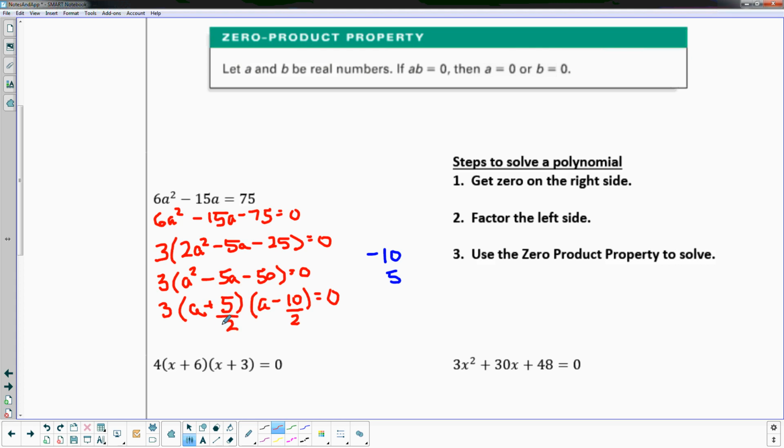This one doesn't reduce, so we're going to put that 2 in front of the a. So we get 2a plus 5. This one over here does reduce, and we get a minus 5.